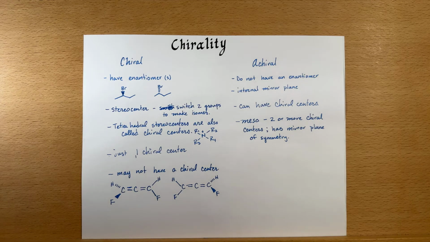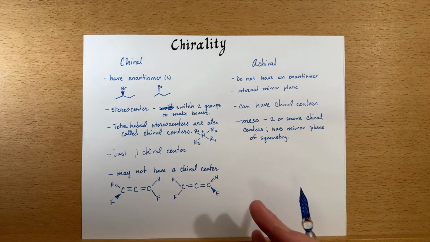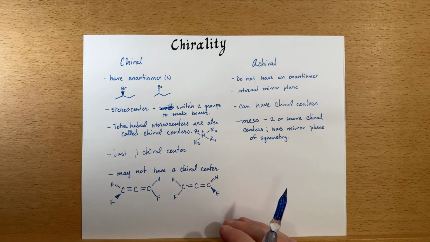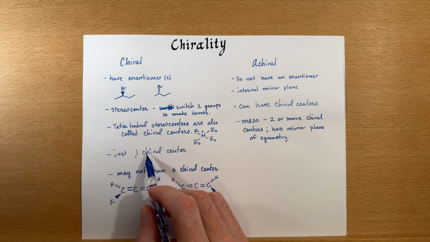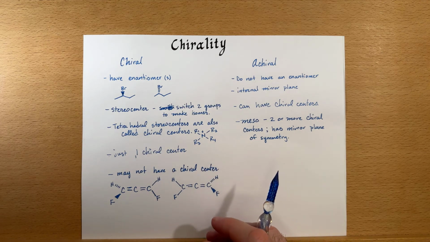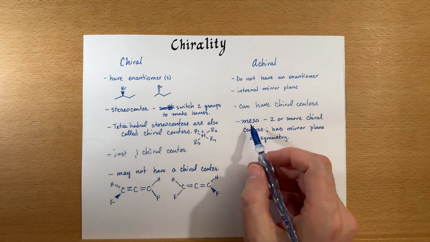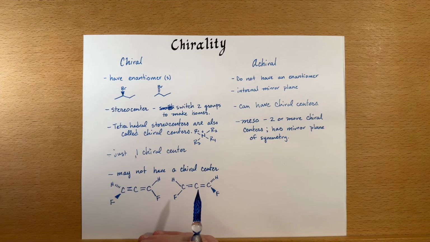I would say that that is one of the interesting examples of this phenomenon, but it's less common than having just, say, a chiral center or maybe multiple chiral centers, and then it's just not meso, and then it is a chiral molecule.